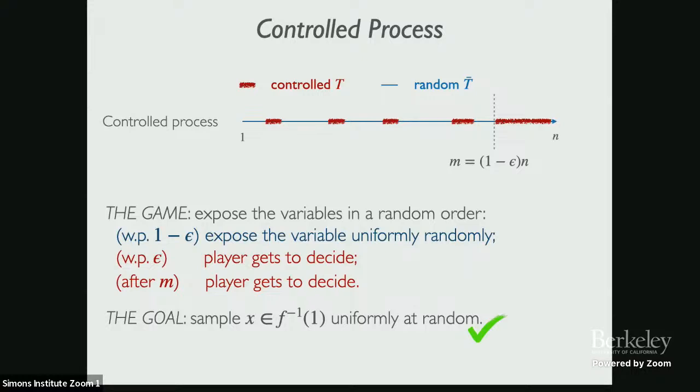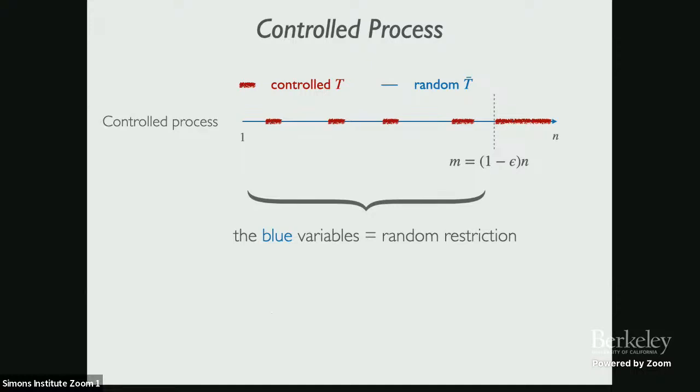So let's see how this is related to our theorem first. If we look at these points that are not controlled by you, they are exposed at random, and that gives you a random restriction. What you can do is sample a uniformly random input with value 1 on the function f. And we can also study 1 minus f, and say the same thing.